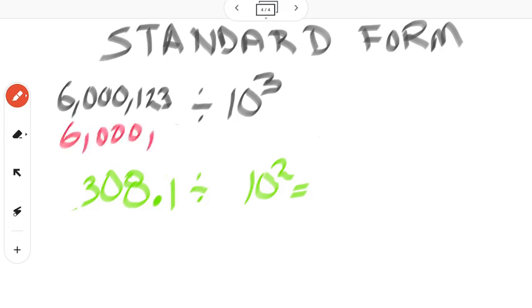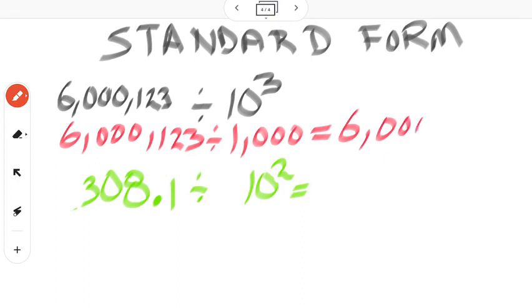So just rewriting it, 6,123,000 divided by, and then I'm just going to write this in standard form, it's 1,000. And you've already done this for 2 units. So 6,123,000 divided by 1,000, that's going to move 3 place values to the right, 3 columns. So 6,000 and 123 thousandths, because that's a decimal point. And then we're going to do the same thing down below.